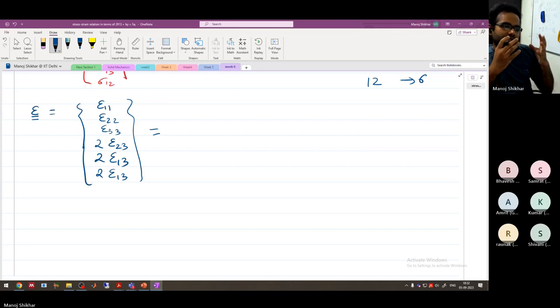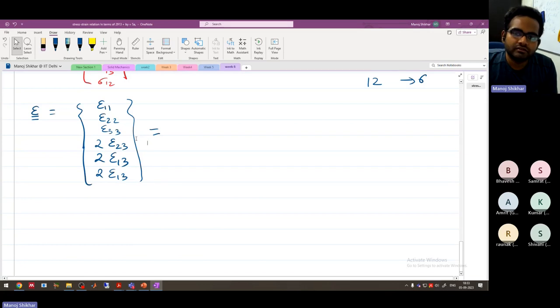If we ask them to calculate some stresses and we give them a stiffness tensor and the strain matrix, they directly write epsilon 23 instead of gamma 23 here. And thus the calculation becomes wrong. So keep this in mind.